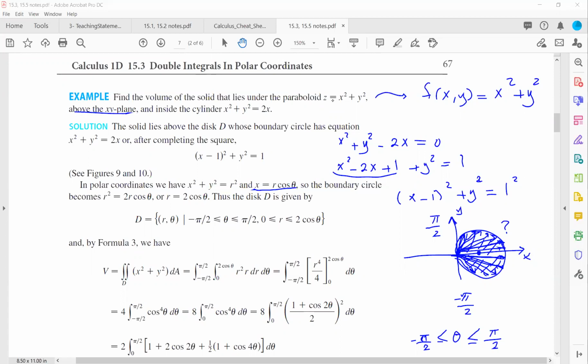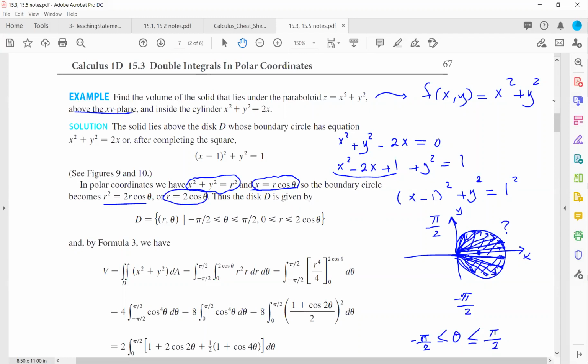That's how we define the equation of a circle. x squared plus y squared is equal to r squared, and x is equal to r cosine theta. So your r squared is equal to 2r cosine theta, or r is equal to 2 cosine theta.